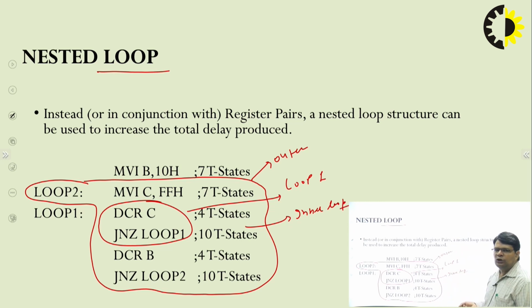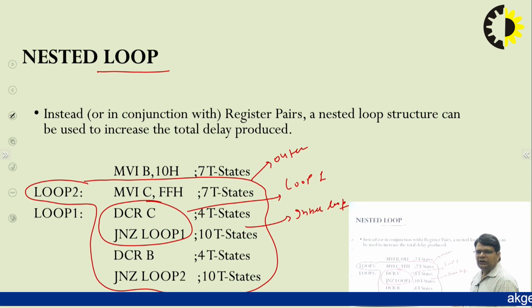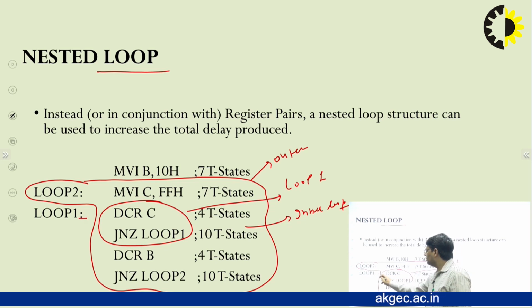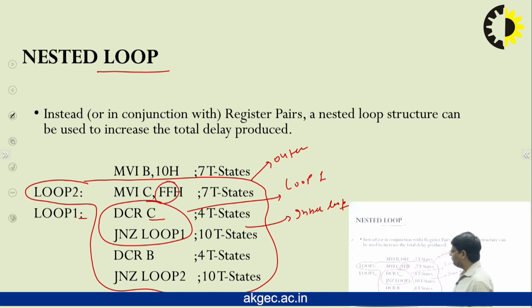and both the loops have been initiated or controlled through the counter value. So this inner loop, loop 1, is controlled through register C. Register C is initialized with value FF.